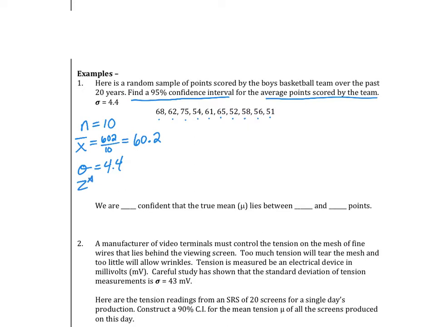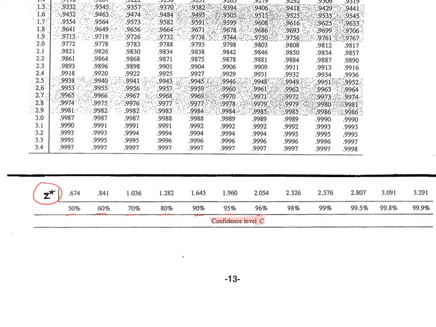This is the first time we're going to look up z star. Z star we want to find for 95% confident. So we're going to go to our table and find 95%. I scroll way down to the z star, the confidence intervals. Way down here. 95% is right there. The confidence level of 95% would be 1.960.